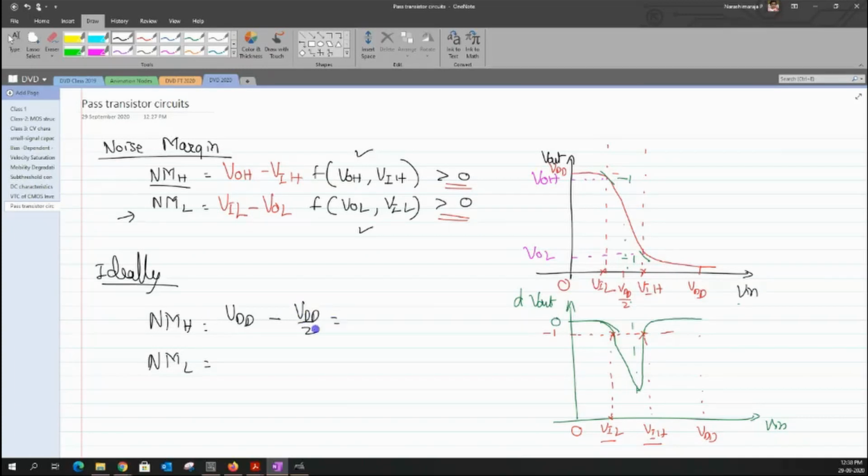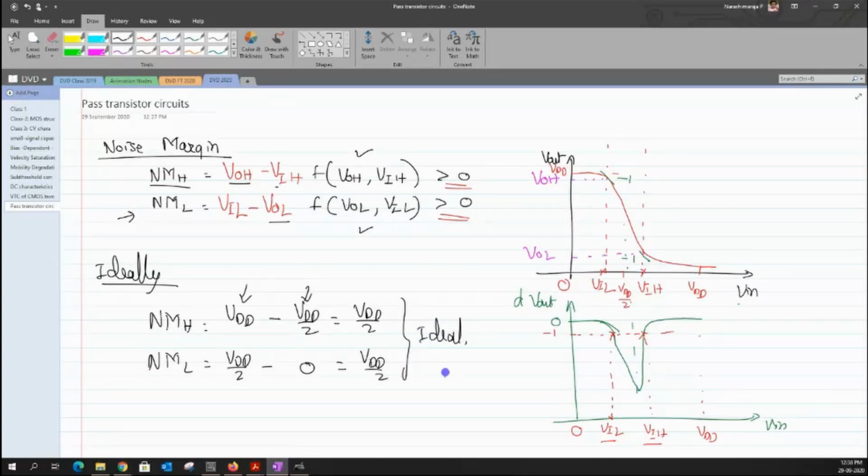So when we subtract these two ideal voltages, VOH and VIH, we end up having NMH equal to VDD by 2. Similarly, we want VOL to be equal to 0. We want this output to be at 0. That is the ideal value for VOL, and our ideal value for VIL is the midpoint, VDD by 2, minus 0. We would then end up having VDD by 2. So this is the case of an ideal condition.